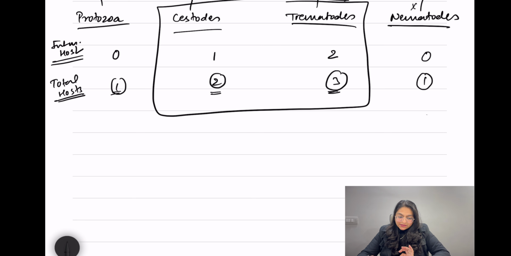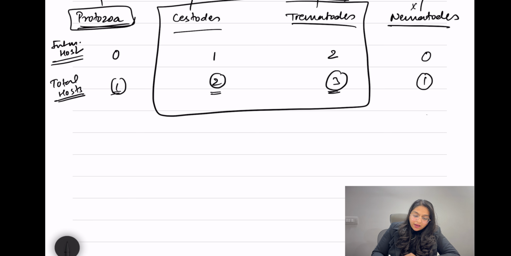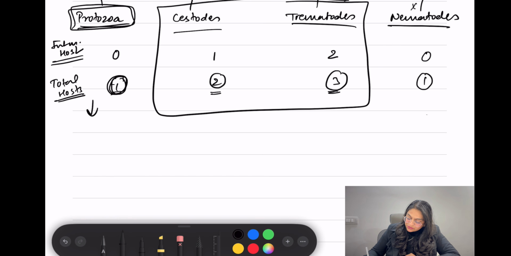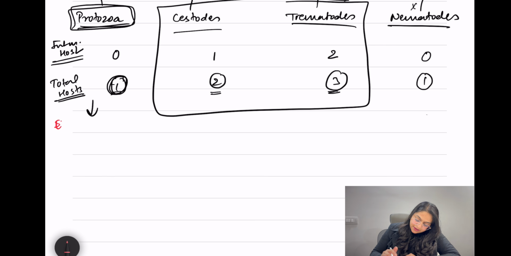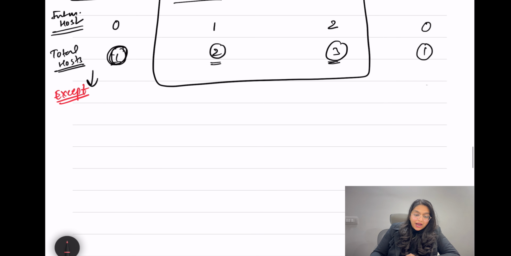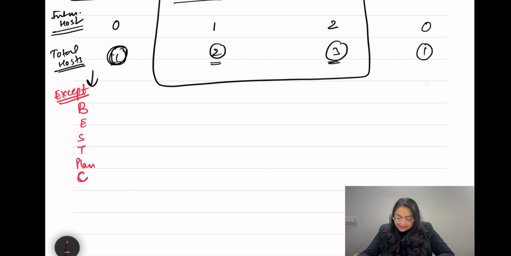Now, when I have seen this whole, I know that protozoa have one host. All protozoa have one host except, now let's look at all the exceptions. I have a mnemonic: Best plan C. What is this Best plan C?